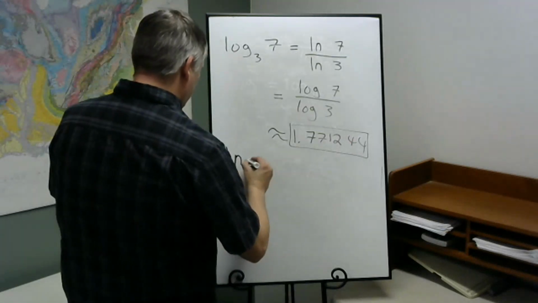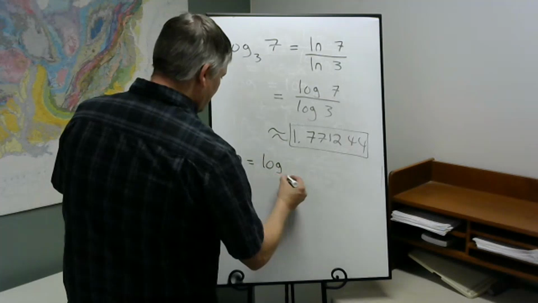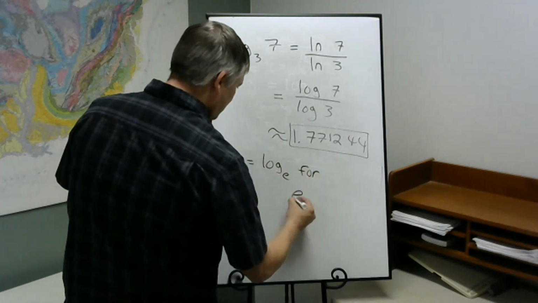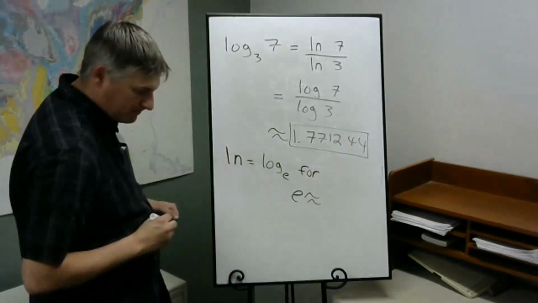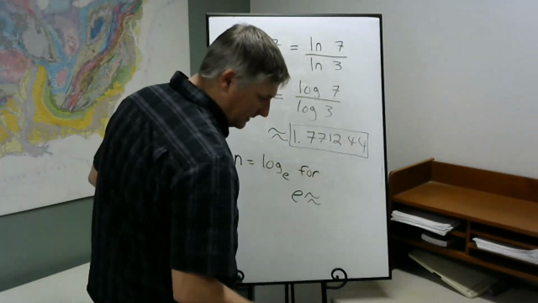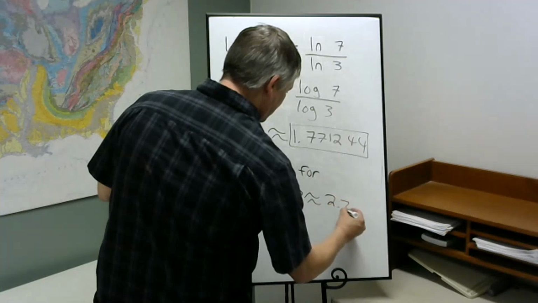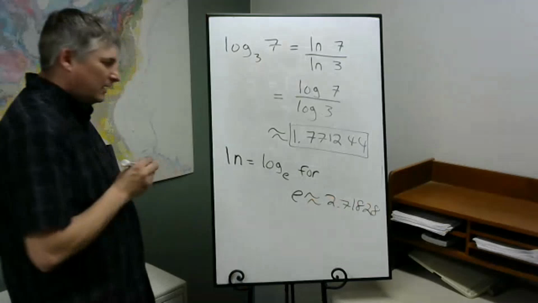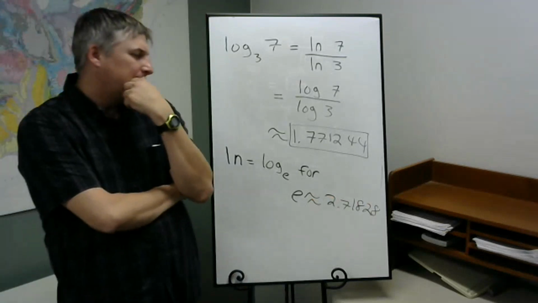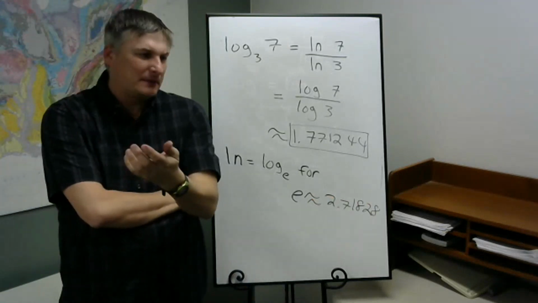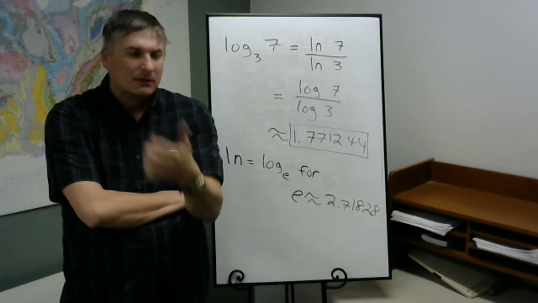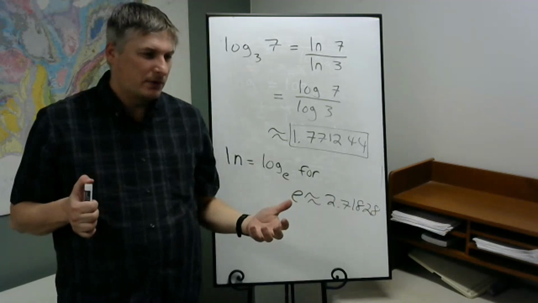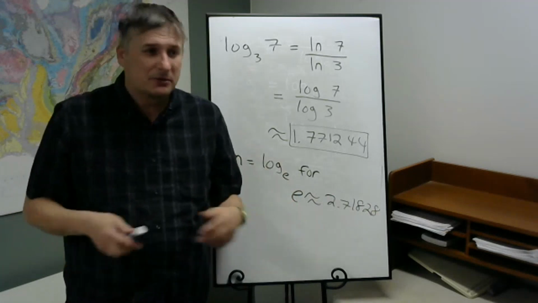Now E, I should mention what E is. So natural log is log base E. For E, it's about, let's see, 2.71828. It comes up in finance a little bit, or in calculations involving money. And if we have time, I'll go over how you can use it to come up with one of the compounding formulas when you compound continuously.